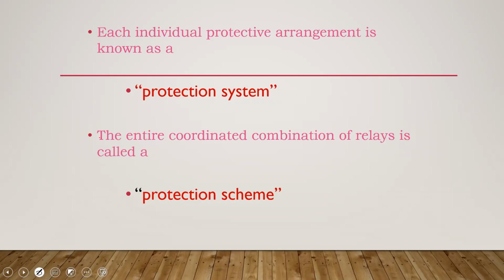Because you don't want the wrong relay to operate. You don't want a fault to be on the kitchen circuit, but the circuit breaker for the living room trips. The appropriate relay must trip for the fault that is associated with its circuit. So we make the distinction between system and scheme.